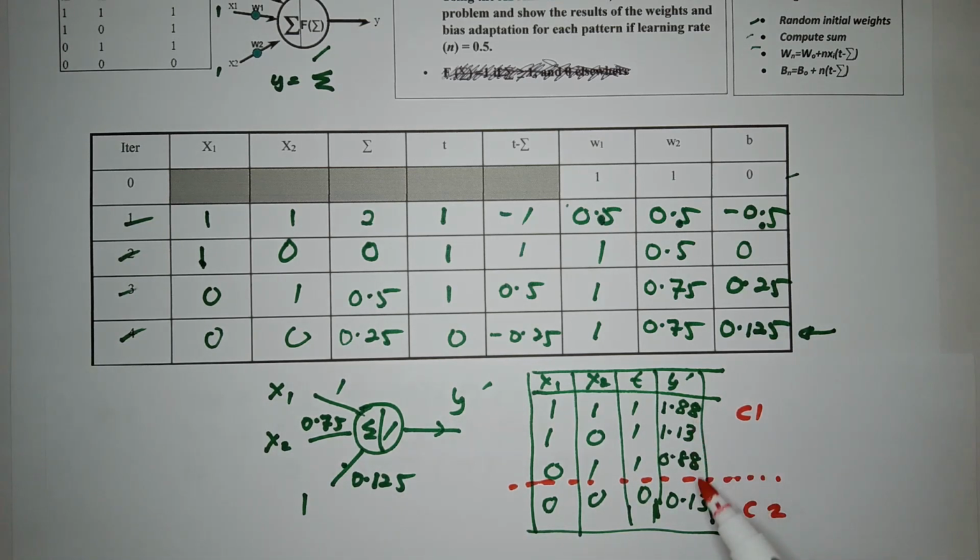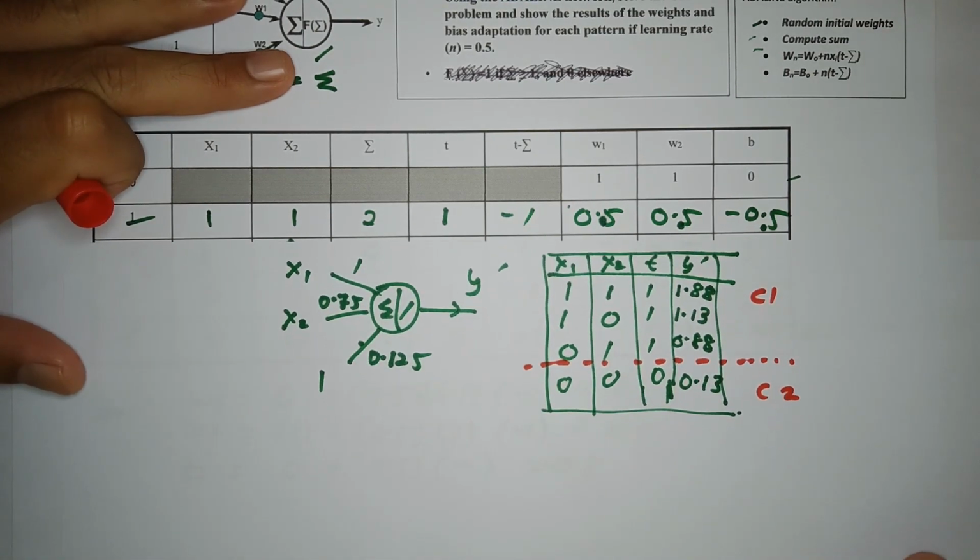Between these two clusters, if you look at the value of y prime, you have this type of separation of the value. So if your selected threshold is higher than 0.13 and lower than 0.88, you are able to separate this data well. So you can select some sort of theta value.